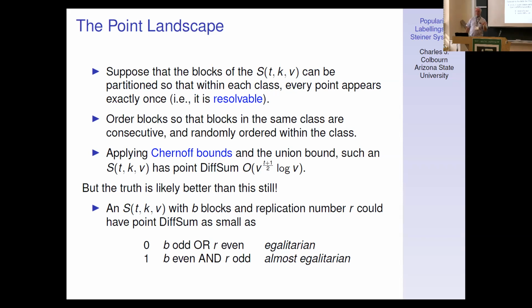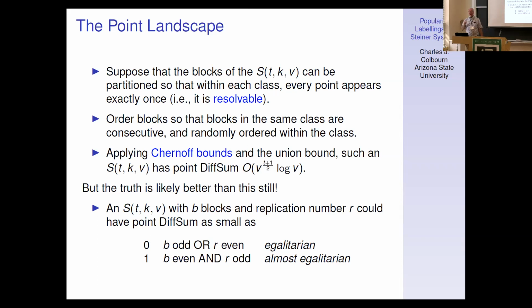I think the truth is that for these point problems, the truth should be that you can perfectly balance when it's numerically possible to do so, and the problem is large enough.